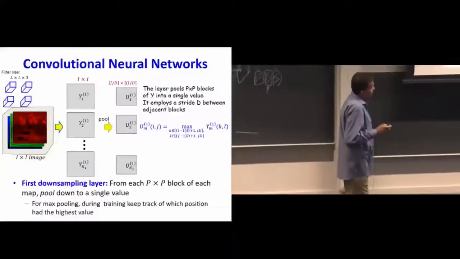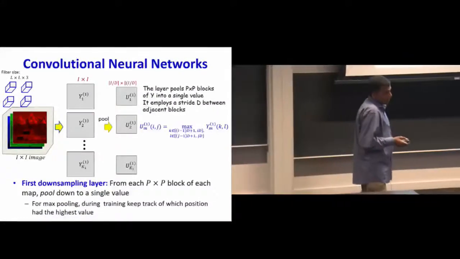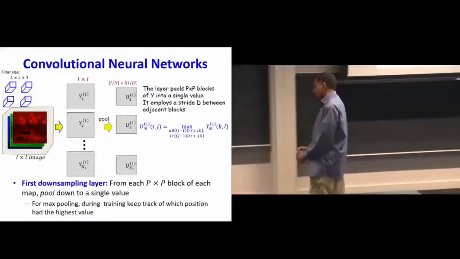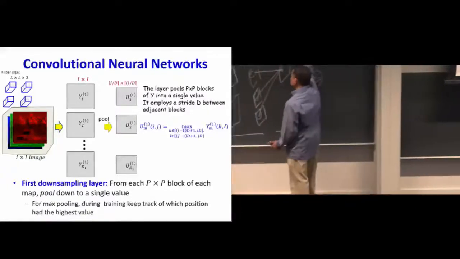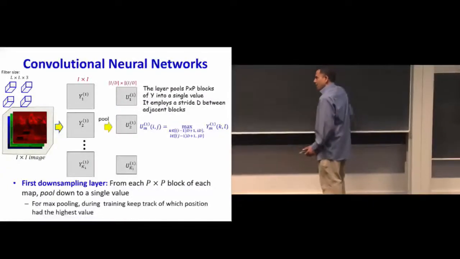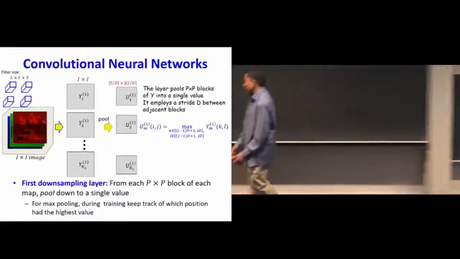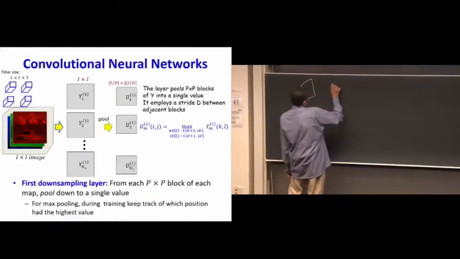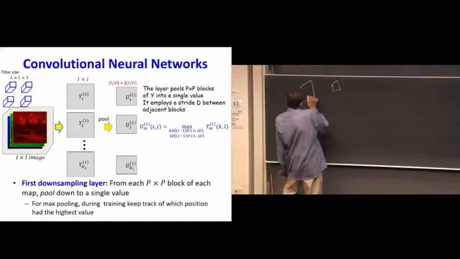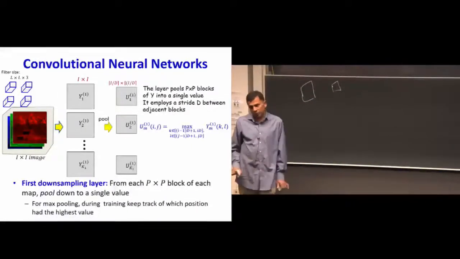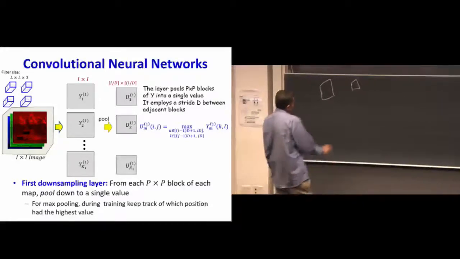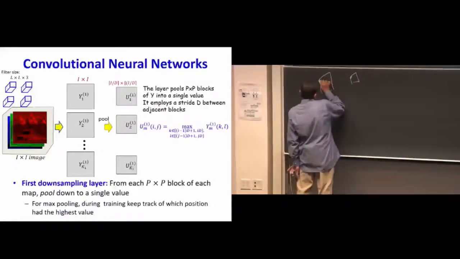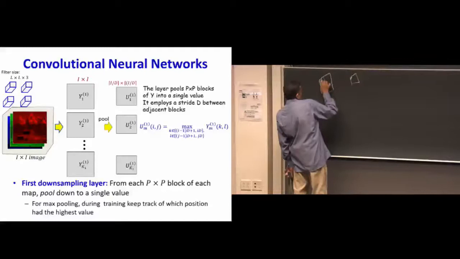Then subsequently, you're going to have a max pooling operation. Now, getting back to Andrew's question, exactly how am I going to think about the max pooling? I'm going to have some map over here that I have computed, and this location is the max of all of these.